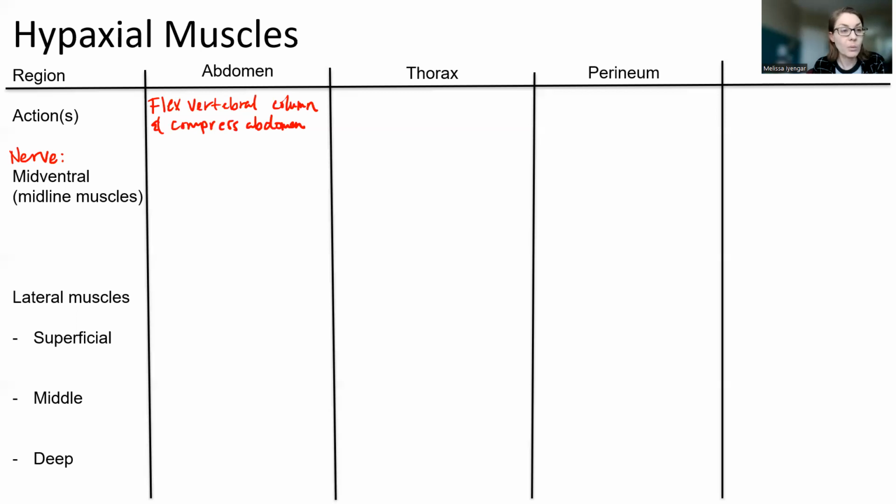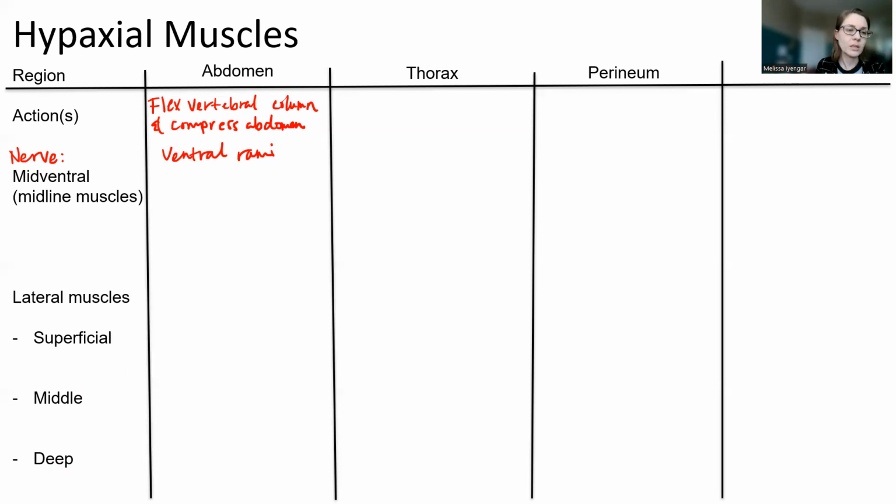So you want to think about what muscle is antagonistic to this. If you flex, what's helping you extend? Okay. For the nerve, we're just going to do really simple but correct: ventral ramus. So our ventral rami. Okay, that's what we're going to do.